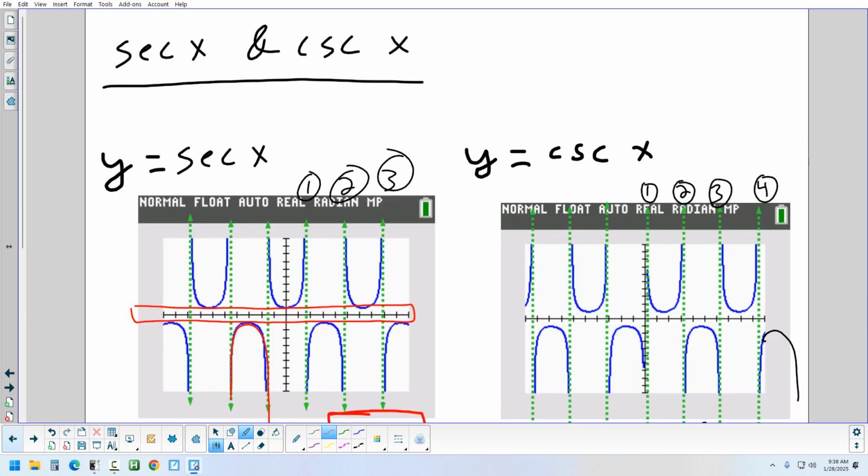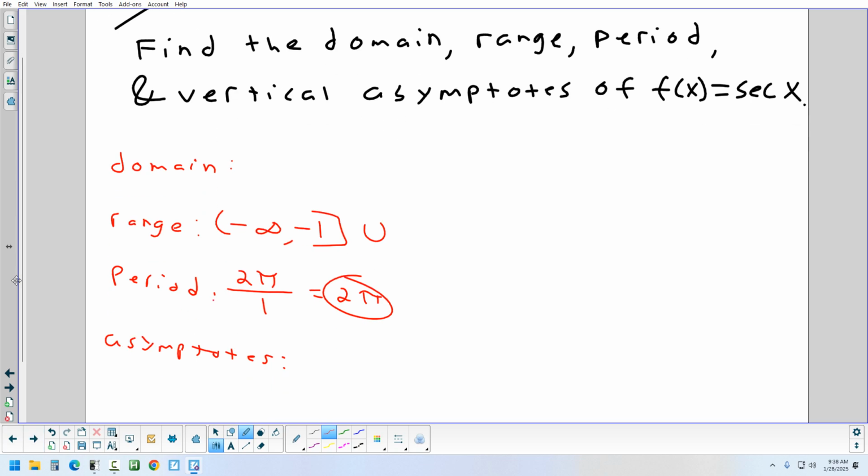And now how would you describe the range of the upper part? Including 1 and up to infinity. So that's how you describe the range. Ranges of secants and cosecants always need to be described with a union, because they're 2 separate pieces.